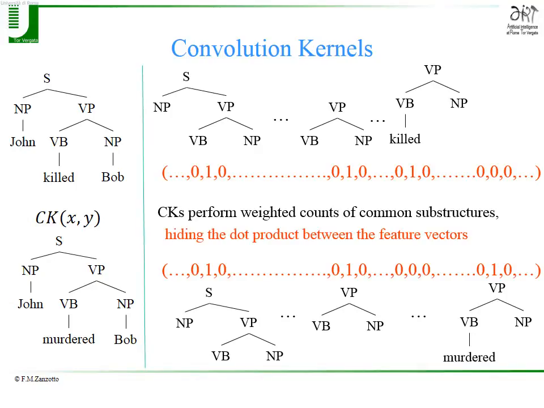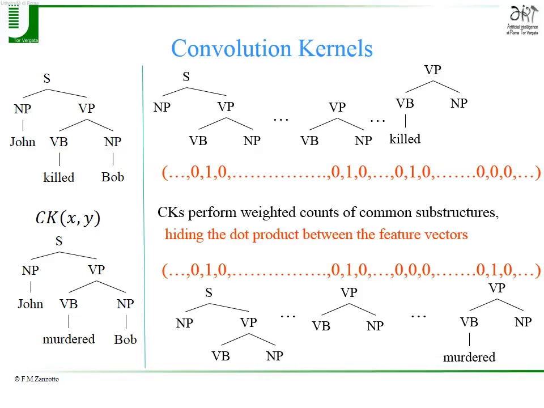The genial part of the convolution kernel is that it hides the underlying feature space of the substructures. This feature space is generally huge. You see here a 1 for each active substructure of the two structures and 0 elsewhere.